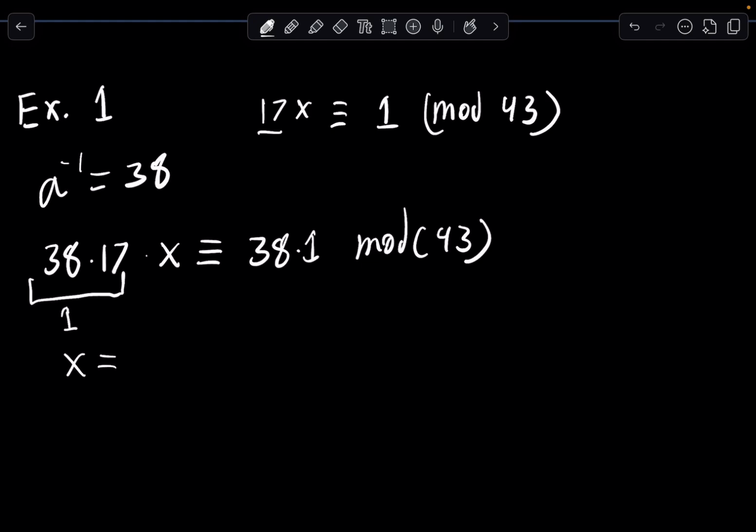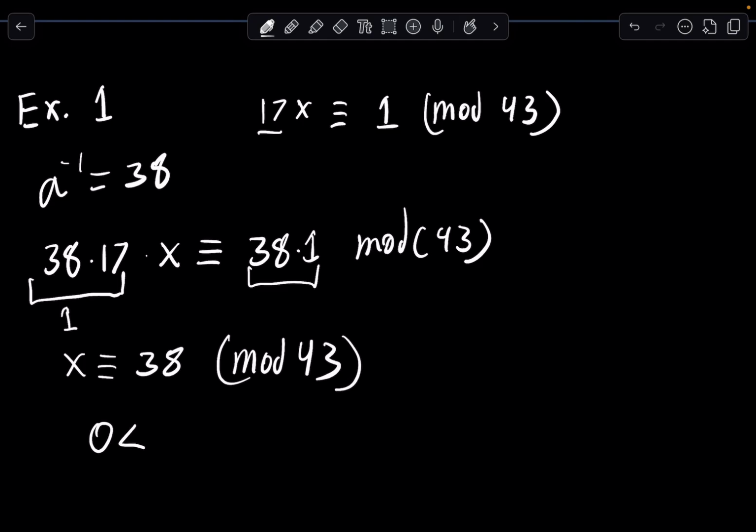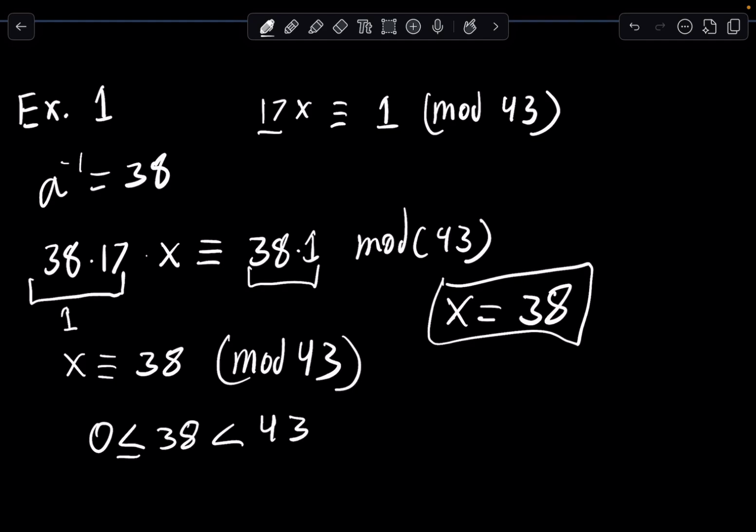So we'll just be left with x is congruent to 38 in mod 43. And since 38 is greater than or equal to 0 and less than 43, we do not need to reduce this anymore. And so therefore we found that x equals 38.